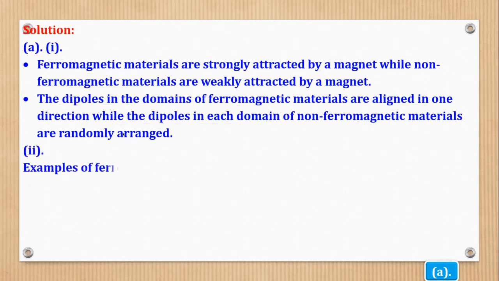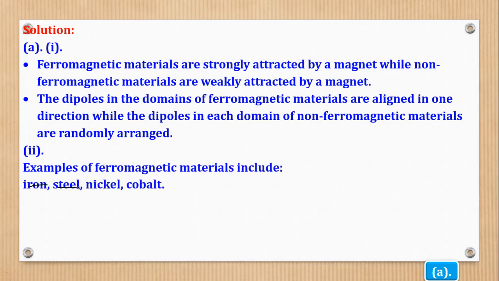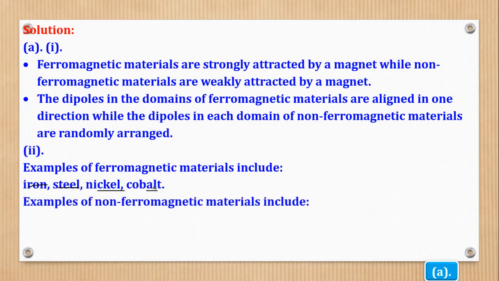Then the wanted examples in each. So for ferromagnetic materials, we could give iron, steel, nickel, cobalt. Then for non-ferromagnetic materials, we could give glass, copper, wood, brass, fur.